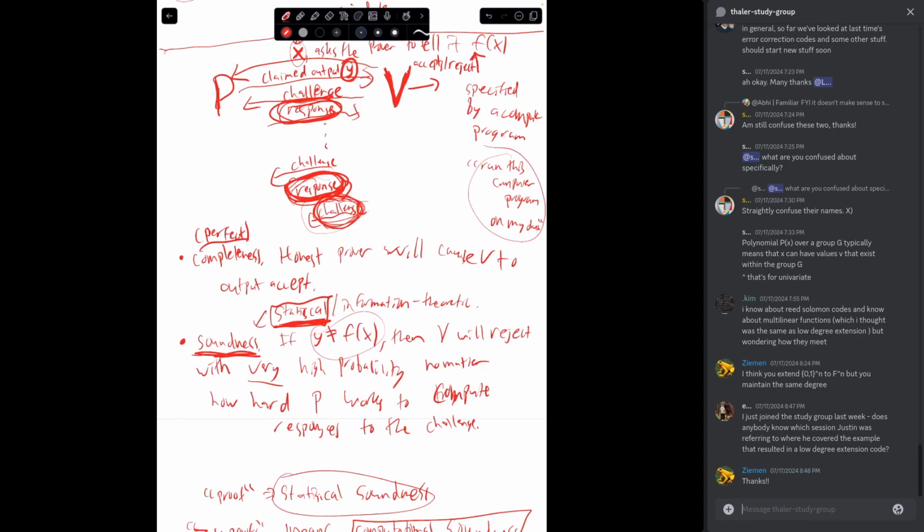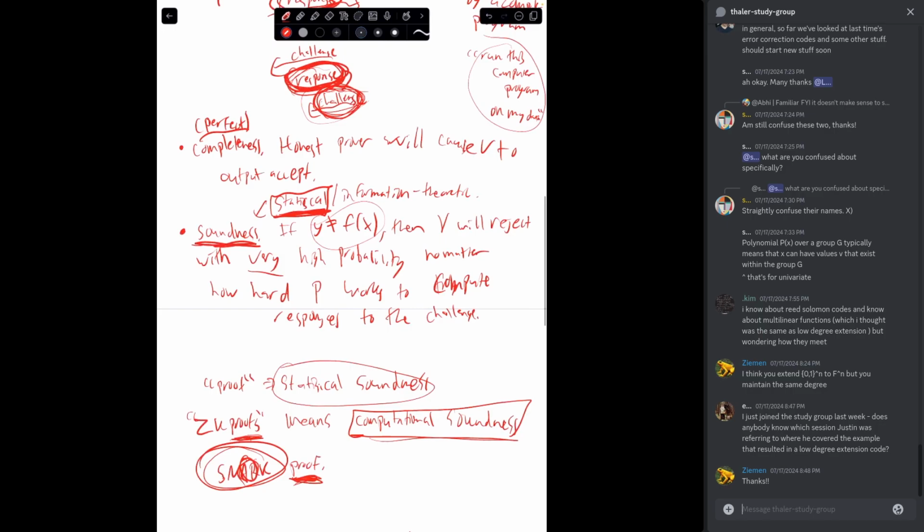Those are slow operations for the prover. So it turns out to be very interesting to study these statistically sound interactive proofs, not because we care about statistical soundness in the end, but because they lead to really fast provers in certain important cases. Does that make sense? This is very clear. Thank you very much.